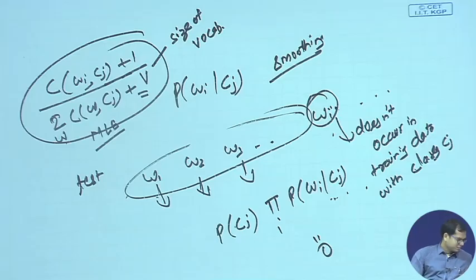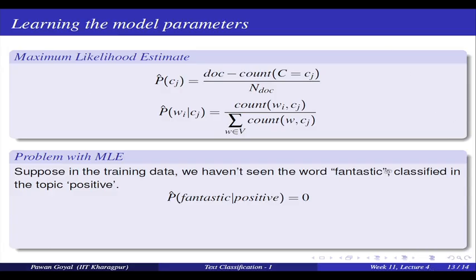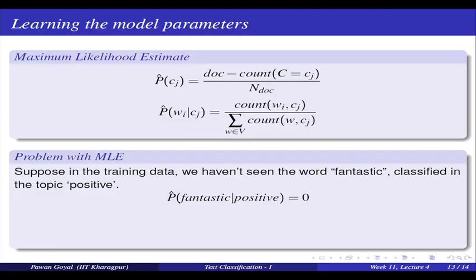That is the problem with simply using the maximum likelihood estimate. Suppose in your training data we have not seen the word fantastic in class positive. The probability of fantastic given positive will be 0, while other words in the review might indicate positive, so the whole thing will go to 0.